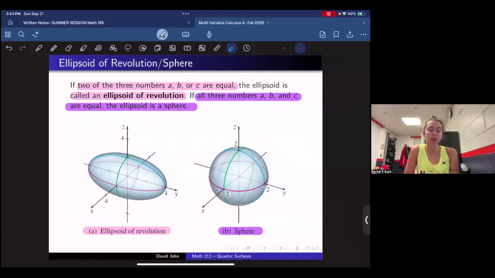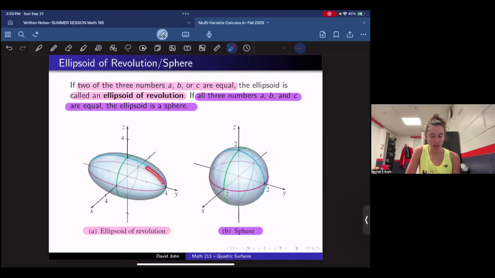Some more notes. The difference between an ellipsoid of revolution and a sphere is the fact that in a sphere, all your values a, b, and c are equal, whereas in an ellipsoid of revolution, only 2 of those 3 values are equal to one another.